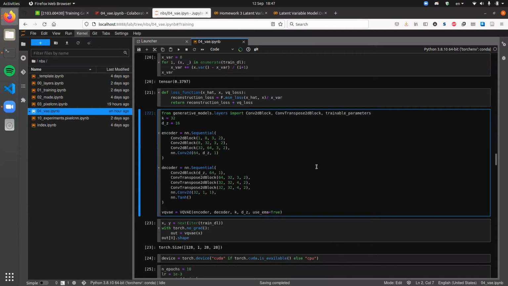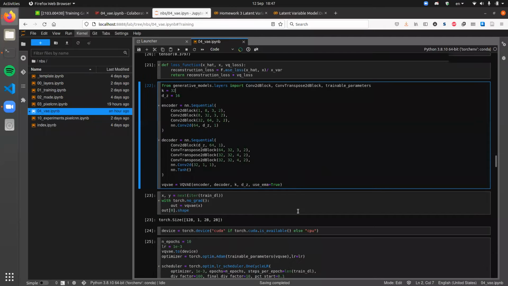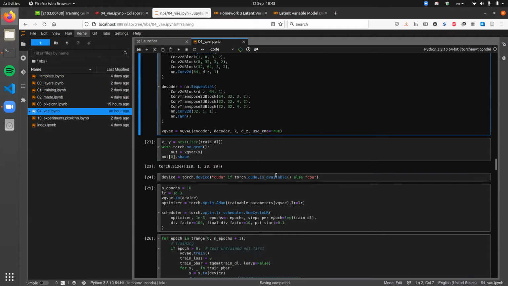In such a way, we go from 28 by 28 by 256, which is the original MNIST representation, to 4 by 4 by 32.